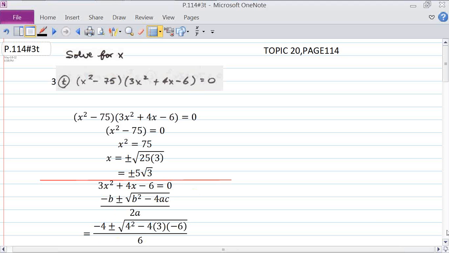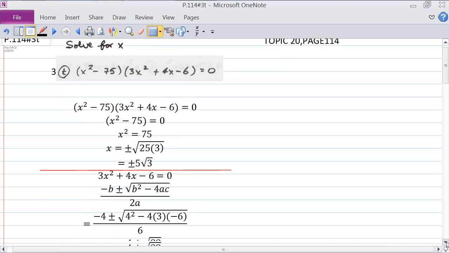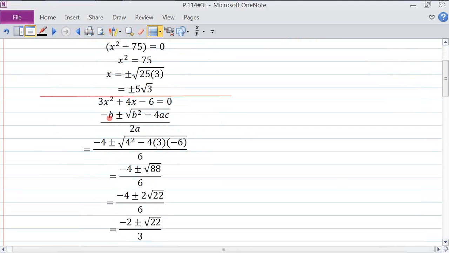For the other term, we can't factor this, so what we're going to do is use the quadratic formula, minus b plus or minus the square root of b squared minus 4ac over 2a, and b is 4, minus 4 plus or minus the square root of b squared, which is 4 squared, minus 4ac, a is 3, and c is minus 6.